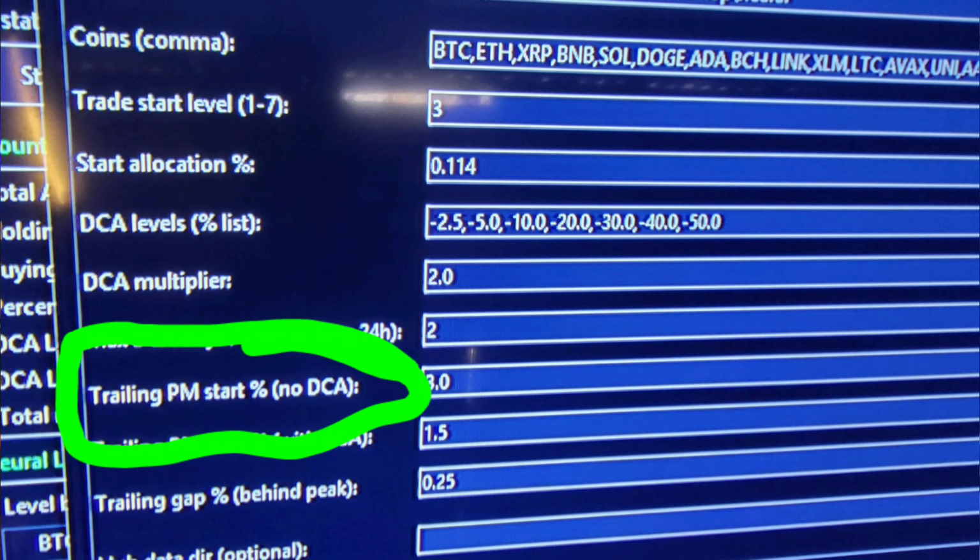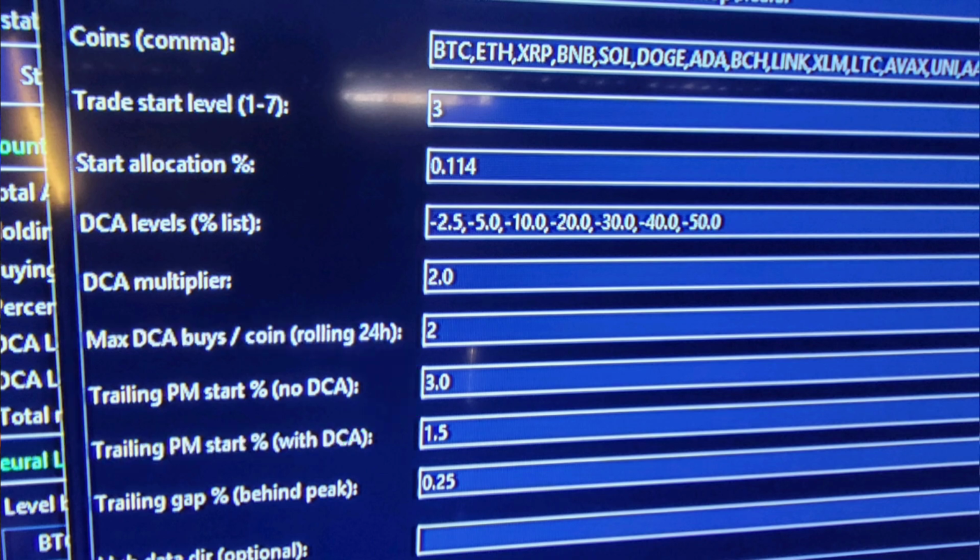Next on the list is the trailing profit margin start percent with no DCA. That means if your trade has not had any DCA, then it's only got a very little amount of money in it, like 50 cents, $1, $1.50, whatever. And so on Robinhood, it's not like a percentage or anything for the fees.